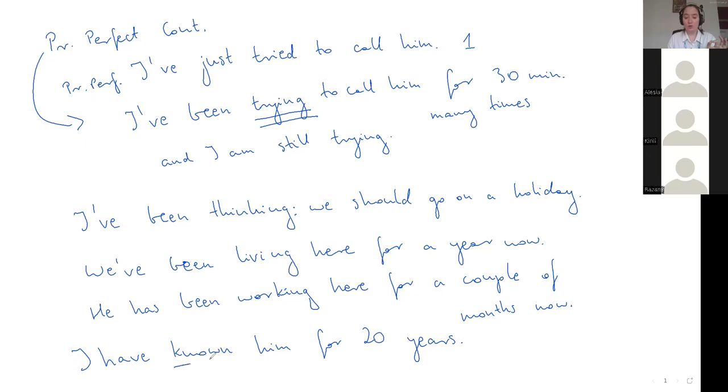But know is a state verb, so it can't have a continuous form. We can't say, I have been knowing him. That would be very, very wrong. So with those, we still stay in the present perfect simple. And we say, I've known him for 20 years. Okay?